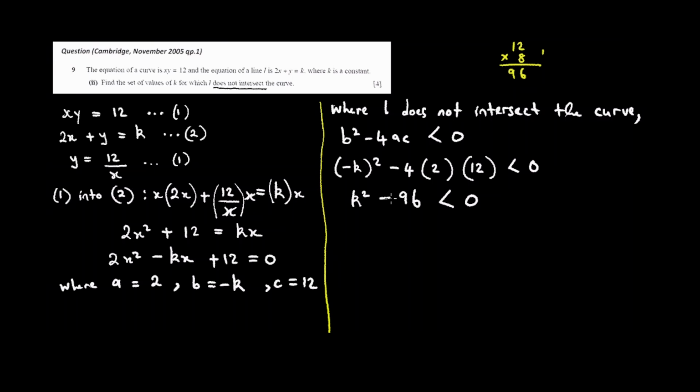How do we make it one? We actually have a difference here, k squared minus 96. To make it a difference of 2 squares, it becomes k squared minus the square root of 96, squared, less than 0.